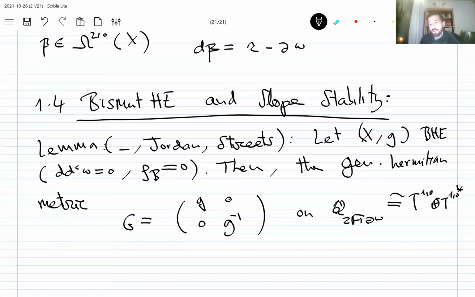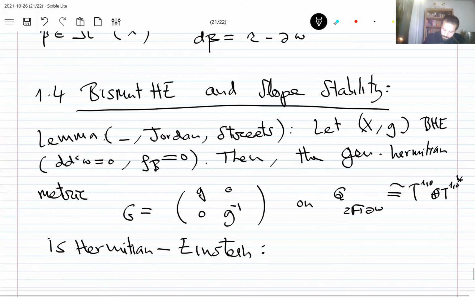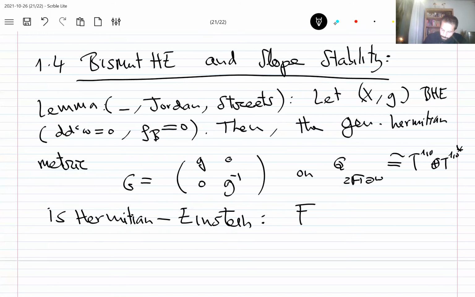Recall that this has a twisted dbar operator. G is Hermite-Einstein, meaning that the curvature of the Chern connection of this G, wedge omega^(n-1), equals 0.